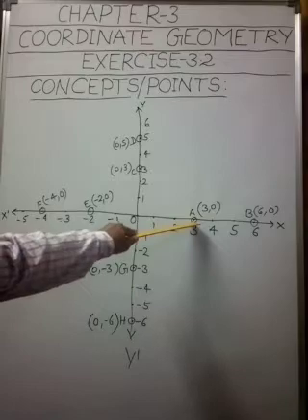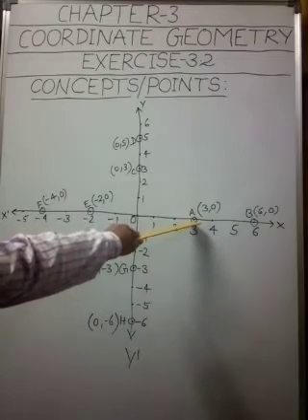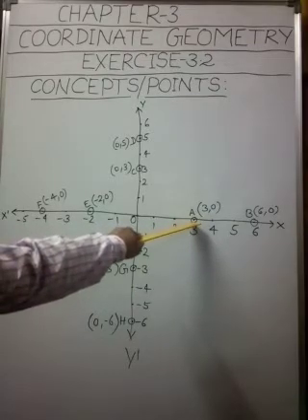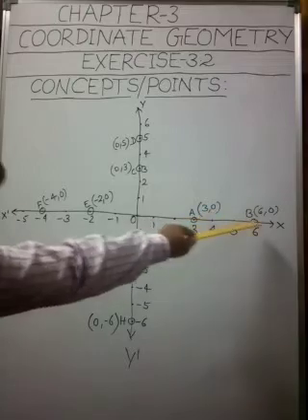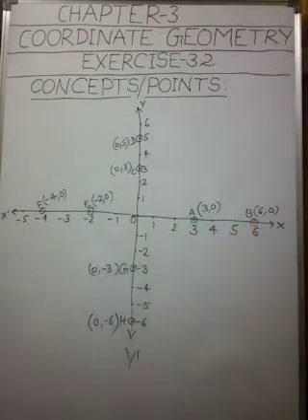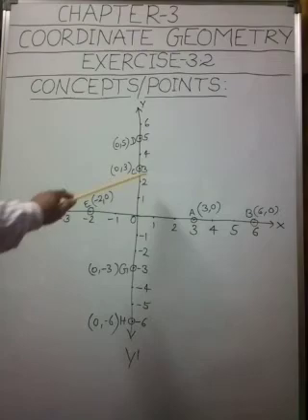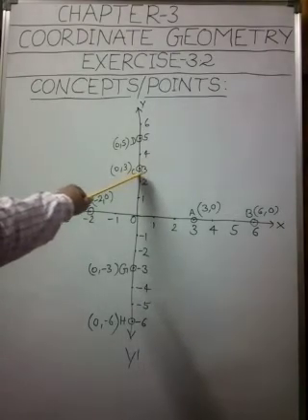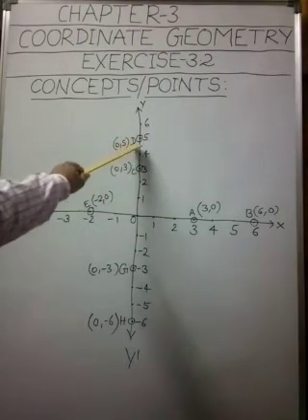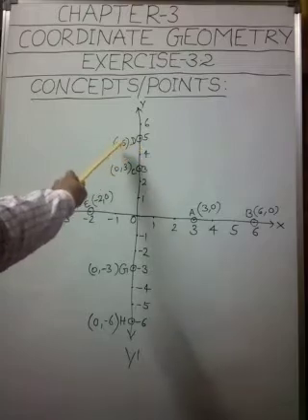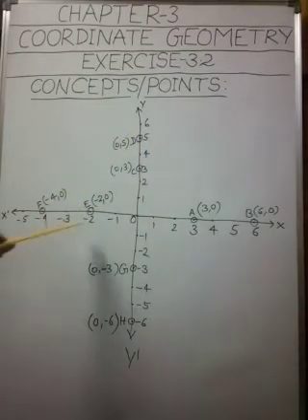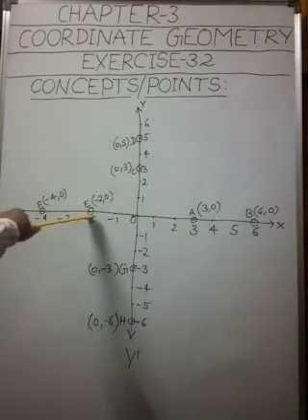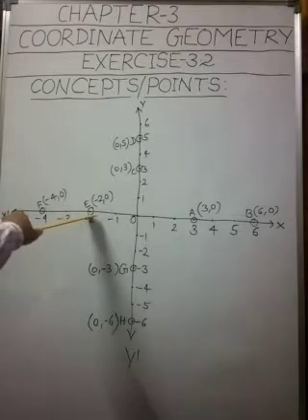Suppose points are given. A is lying on the positive x-axis, and B is lying on the positive x-axis. The point C is lying on the positive y-axis, and point D is lying on the positive y-axis. Point E lies on the negative x-axis.